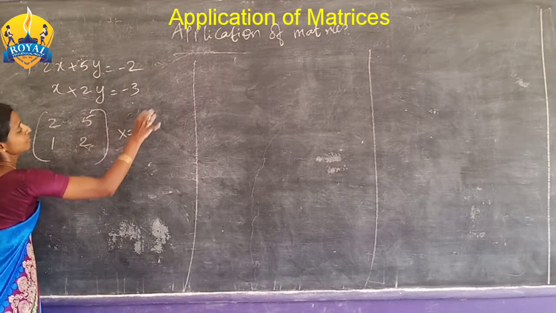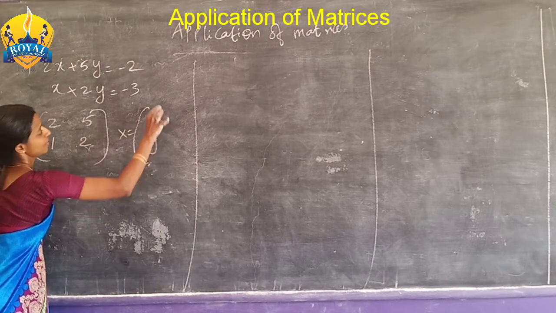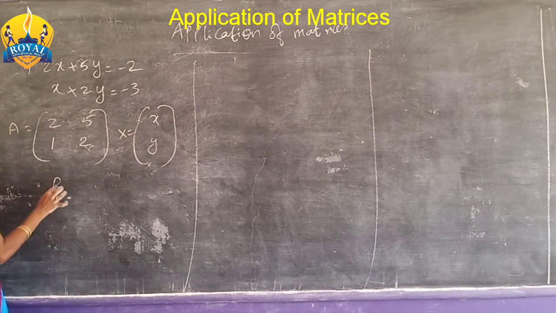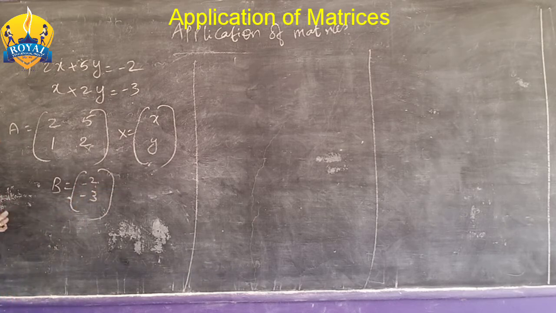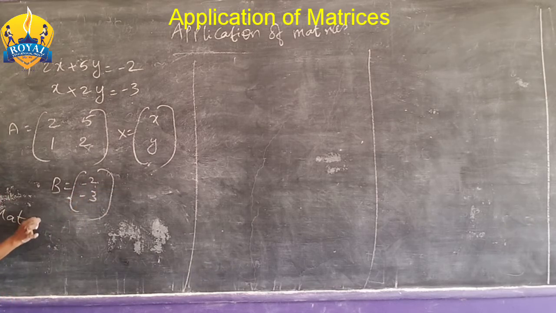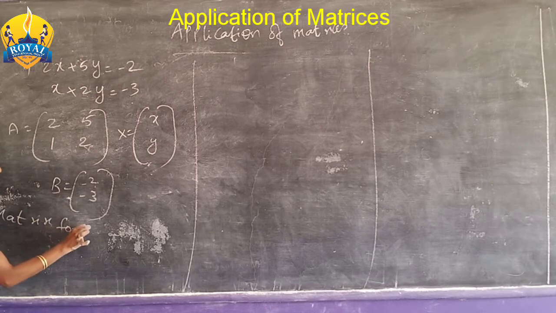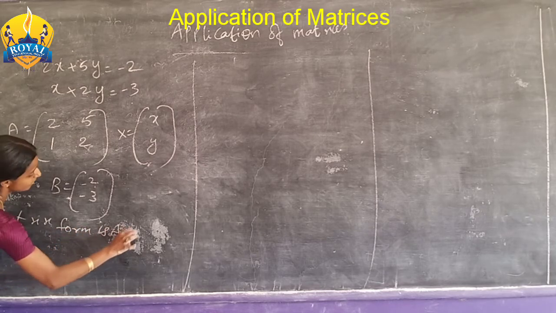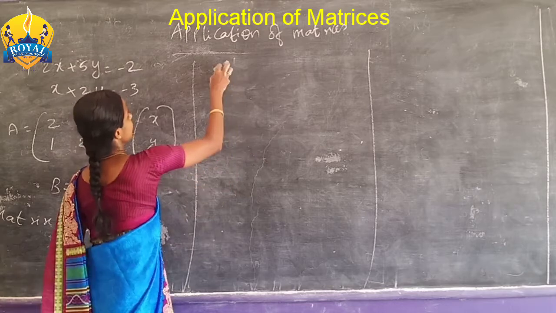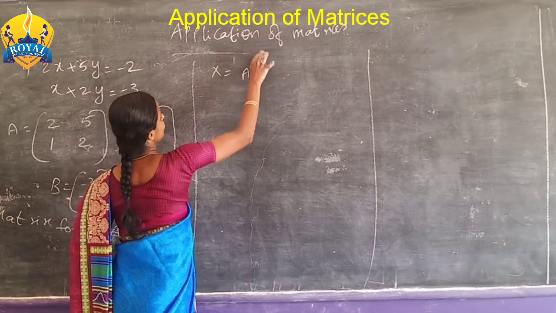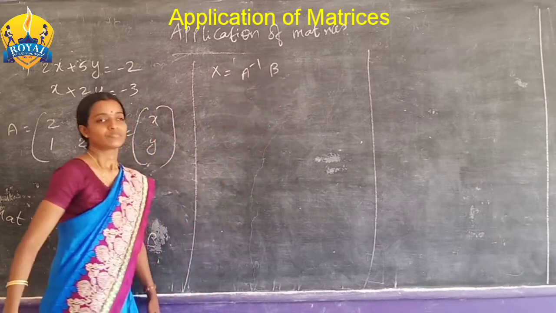My unknown matrix is x and y, and my B is minus 2, minus 3. So the matrix form is Ax equal to B. I am going to solve for x. My x is equal to A inverse B.